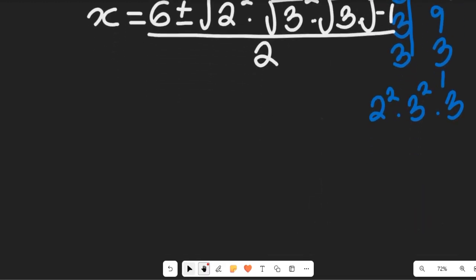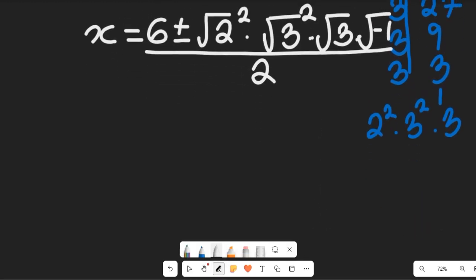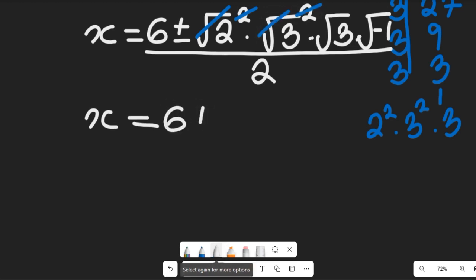So from this expression, in the next step, the square root will cancel out the square, and then we'll have 6 plus or minus 2 times 3, which is going to give us 6, multiplied by the square root of 3.